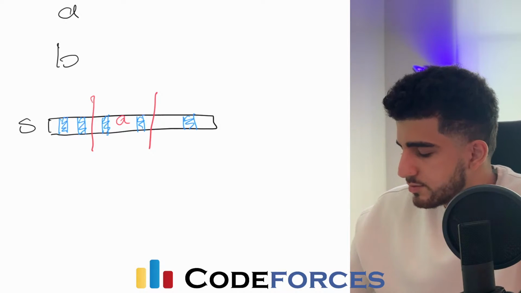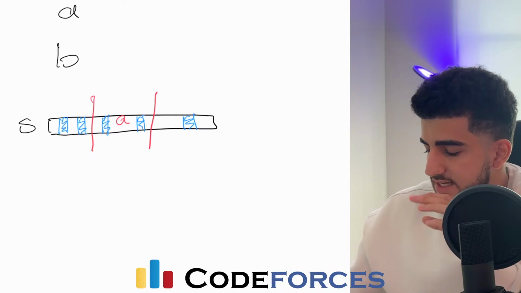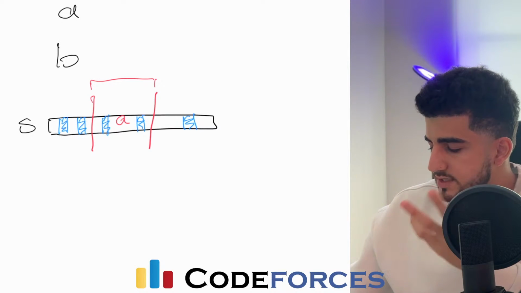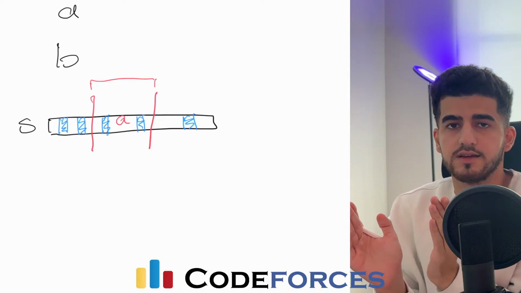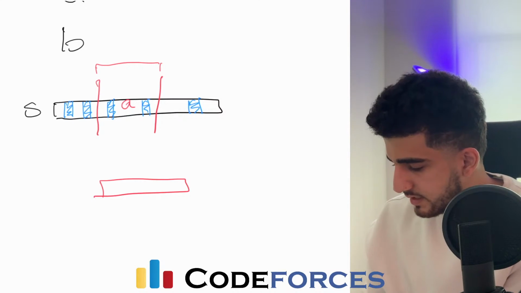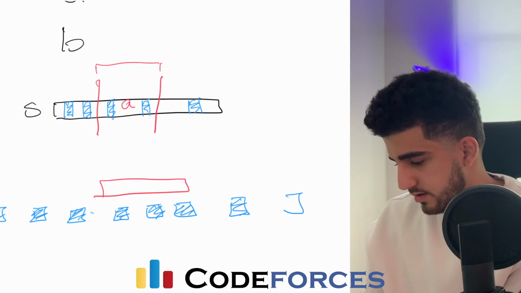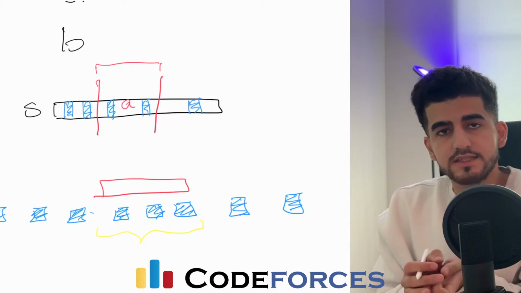So these blue cells are the subsequence of the string S that is equal to B, and this red interval is A. My point is that an interval of B lies inside A. So if this is your A and this is your B in your string, an interval of B lies inside A.